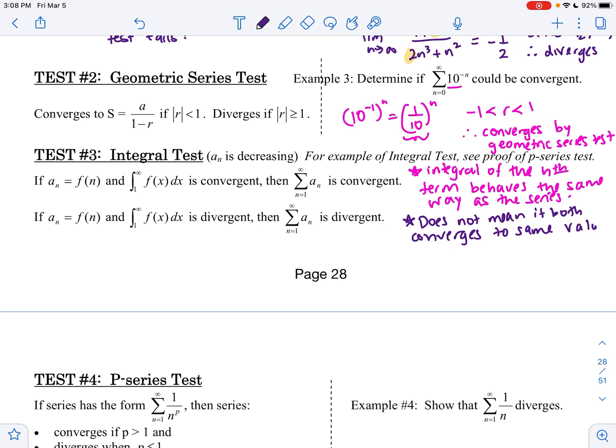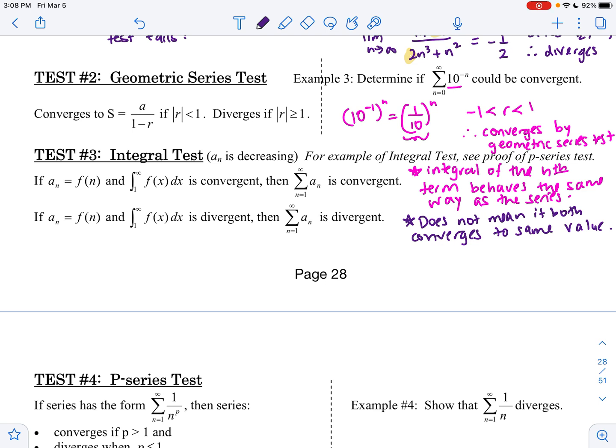It just tells us that if the integral does converge to a finite value, the series itself also does, but it does not tell us what sum it converges to. So that's an important note to make. It simply tells us it does or does not converge.